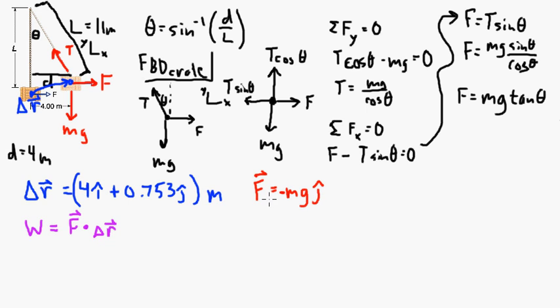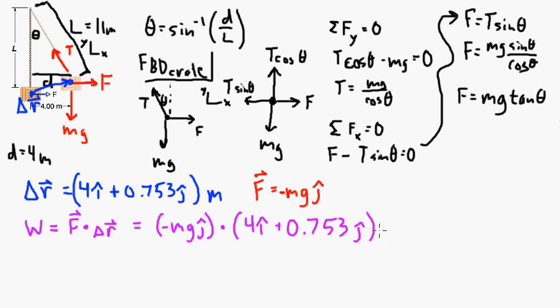To calculate this, we take this negative mg j hat and dot it with this 4 i hat plus 0.753 j hat meters.